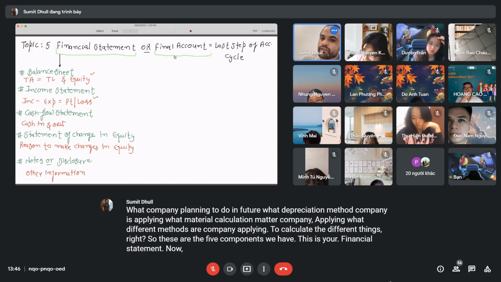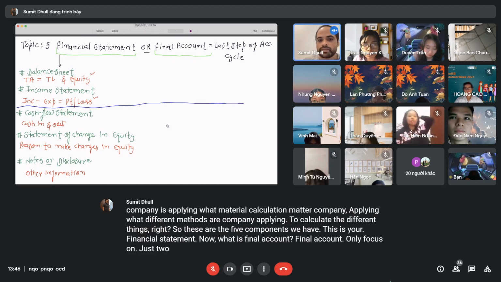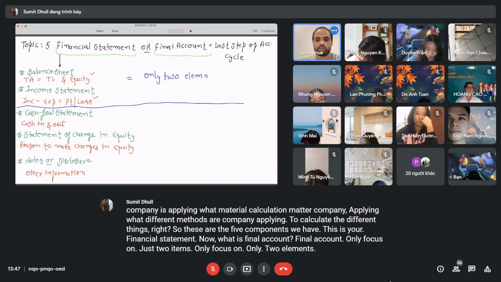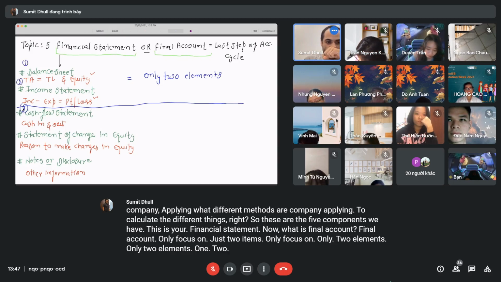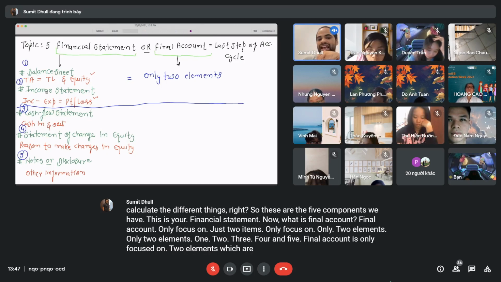Now, what is final account? Final account only focuses on just 2 elements, out of the 5, which are balance sheet and income statement.